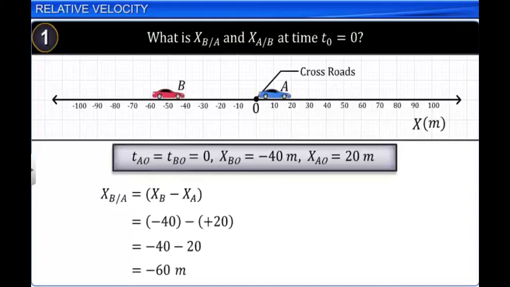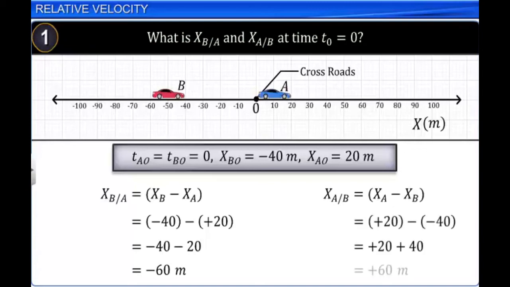Minus sign indicates that the car B is on the left side with respect to A. xA by B is equal to xA minus xB. This is equal to plus 60 meters. Plus sign indicates that the car A is on the right side with respect to B.